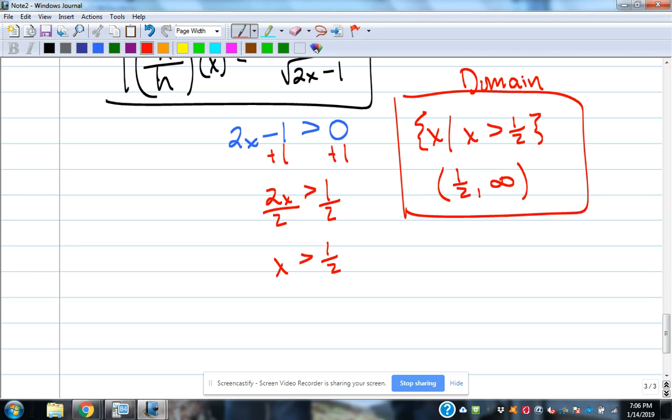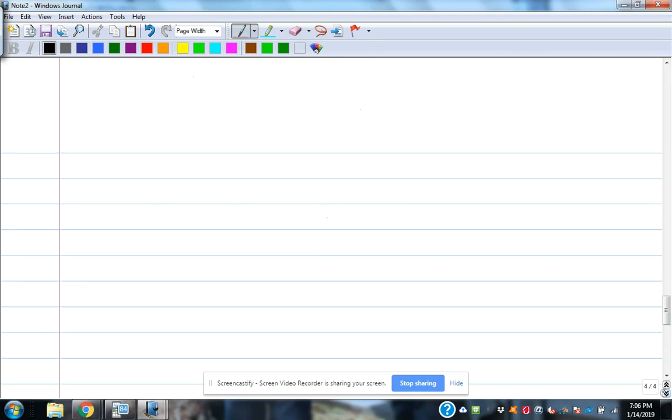Okay, so we've done function operations of addition, subtraction, multiplication, division, and we found the domain using those. The next thing to do in this section is function composition. Depending on where you went to high school and how long ago it was, how much of this you've done, some of you may have not done this before, and that's okay.